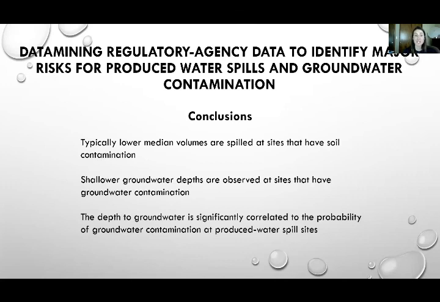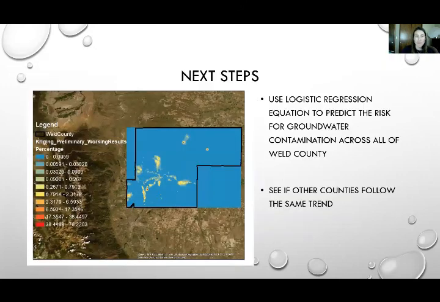So I used that same data and I was able to find out that the depth to groundwater significantly correlates to the probability for groundwater contamination at produced water spill sites, and that you have a lower risk for groundwater contamination when you have deeper depths to groundwater.